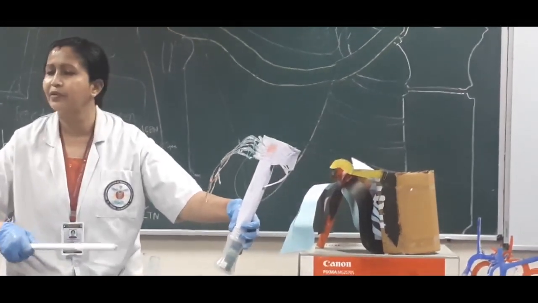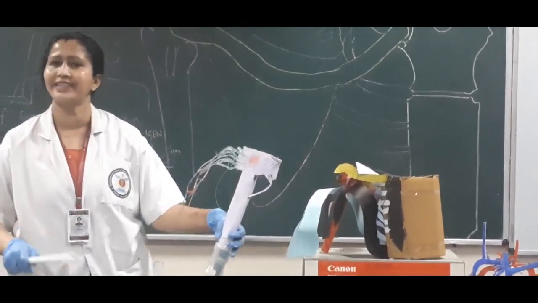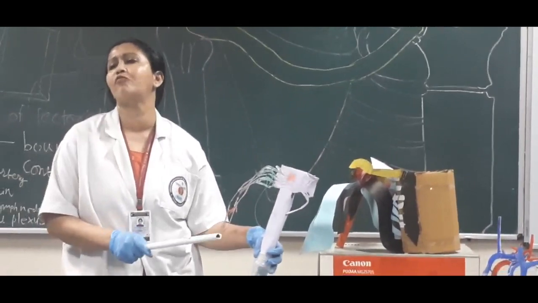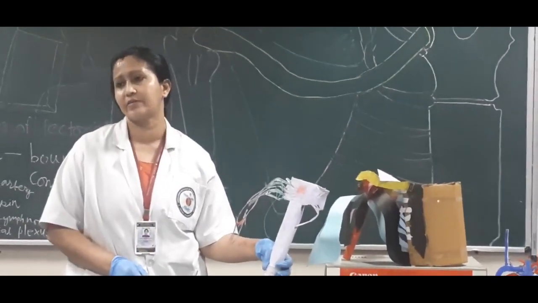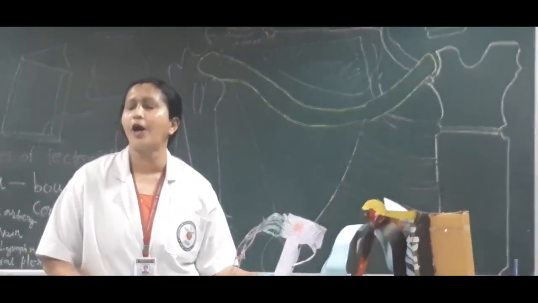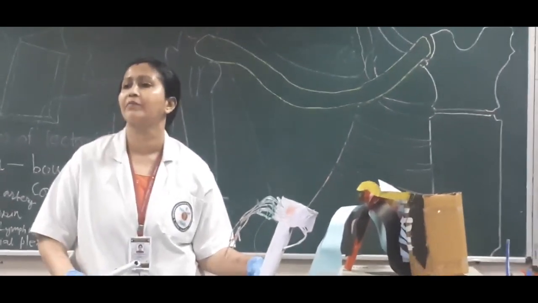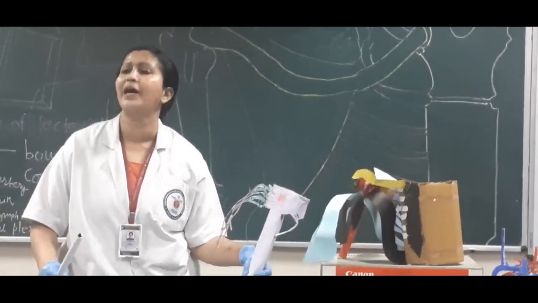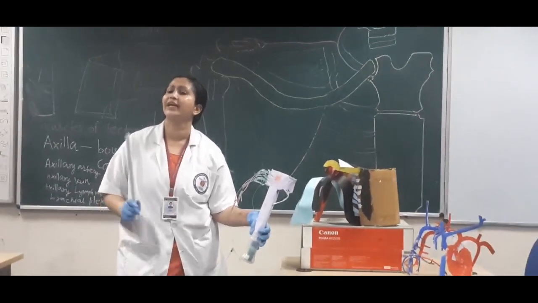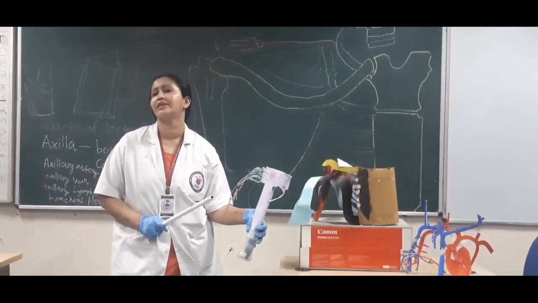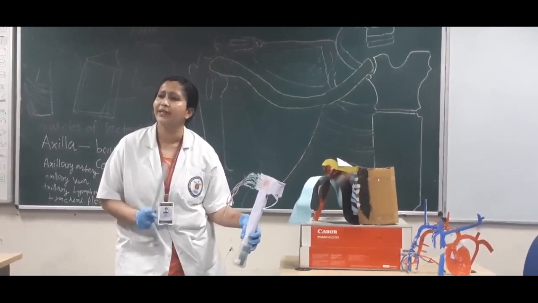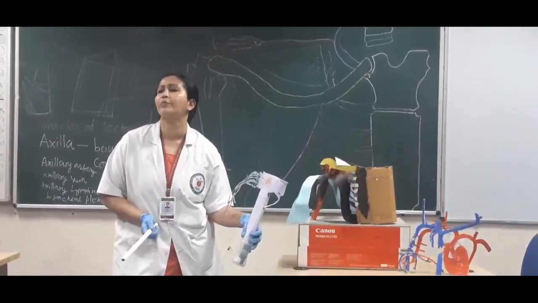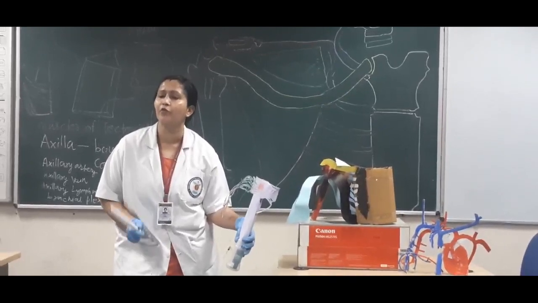So median nerve supplies all except the flexor carpi ulnaris and the medial half of the flexor digitorum profundus. All the muscles of the forearm flexor group is supplied by the median nerve except 1.5 muscle, that is the flexor carpi ulnaris and medial half of the flexor digitorum profundus.